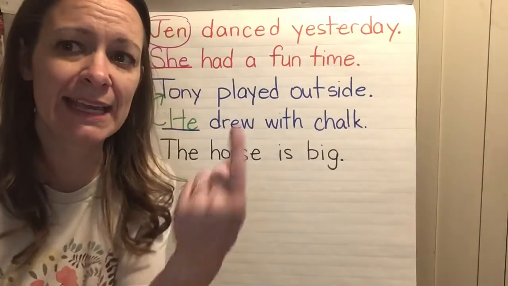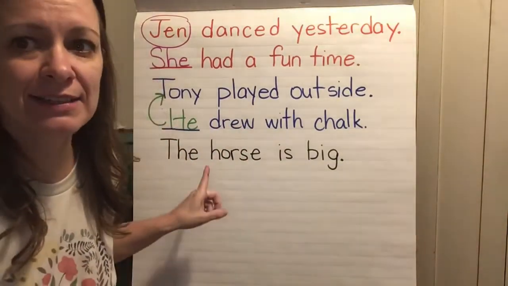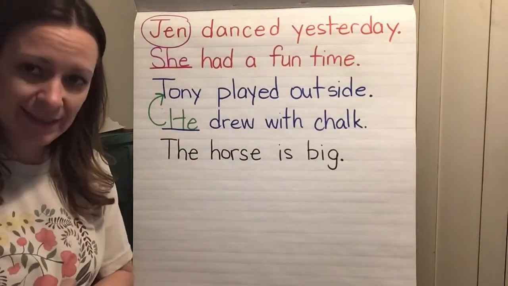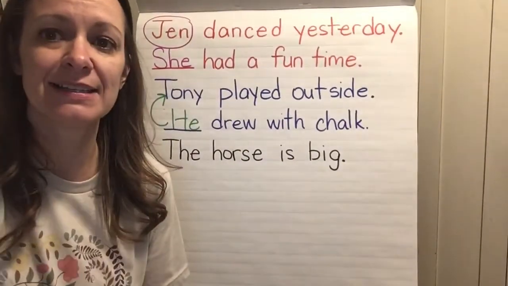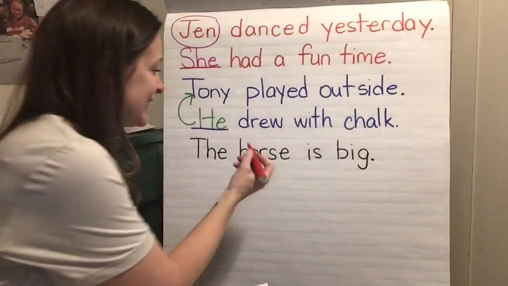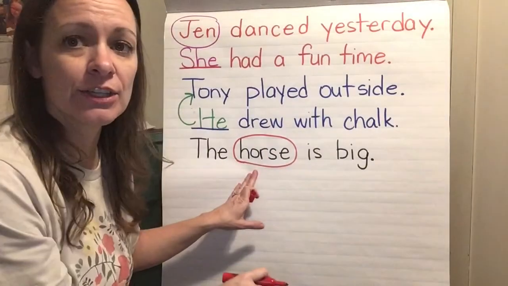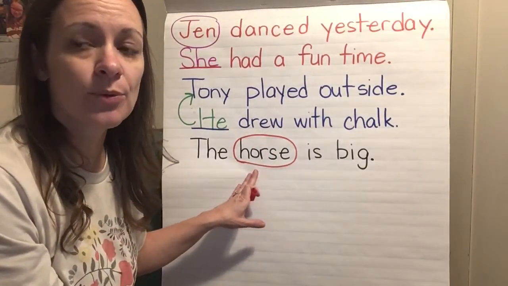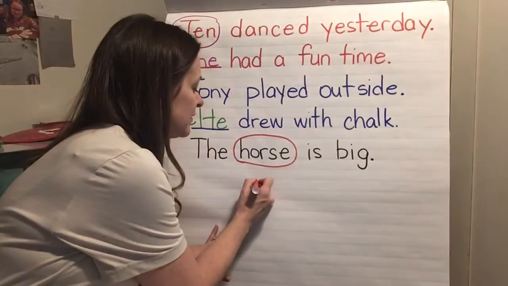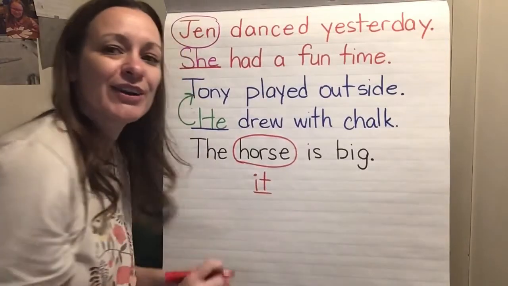All right, our last pronoun that we're going to do is, do you remember what it was yesterday? We had he, she, and one other pronoun. Let's take a look at this sentence. It says the horse is big. What is the noun in this sentence, the horse is big? What is it? Right, it's horse. Horse is the noun. What is a pronoun that we could use to replace the word horse? Did you say it? If you said it, you are correct.